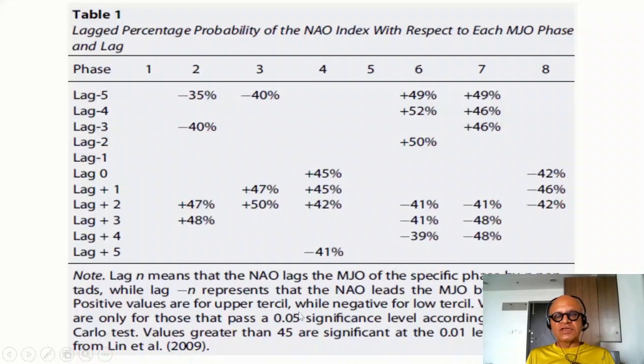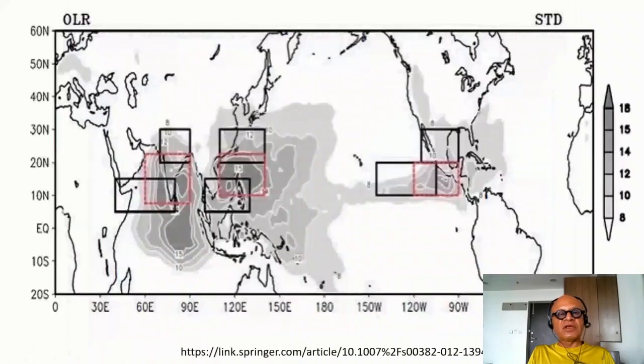Values shown are only for those that are significant at 95% level according to the Monte Carlo test, and so on. Values greater than 45 are significant here at 99% significance level, which means that the relation between the moving heat source of the MJO and the phasing of the NAO with a few pentad lag, which is very much the intraseasonal time scale, is very robust and significant at a very high level, which confirms these tropical extratropical interactions.